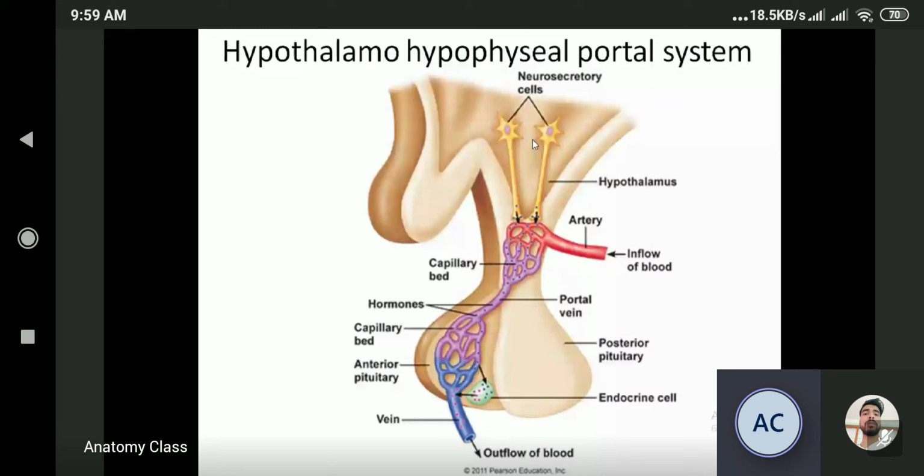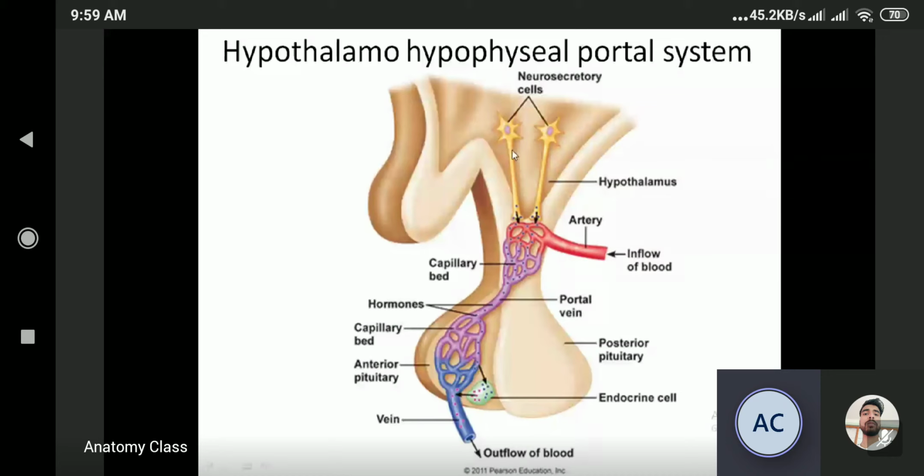These hormones are packed into granules within the hypothalamic nuclei, then carried through the axons to the axon terminal, where they are exocytosed.